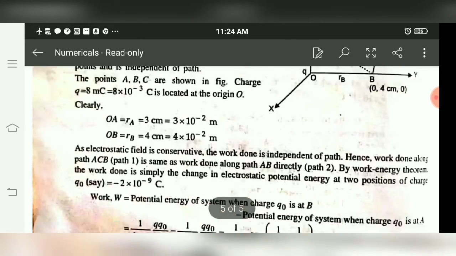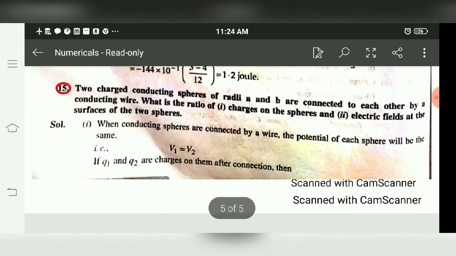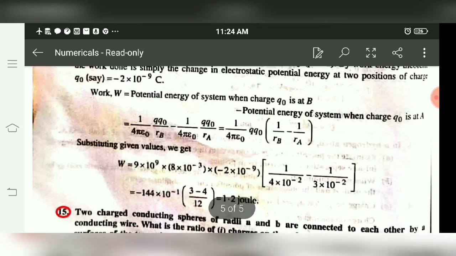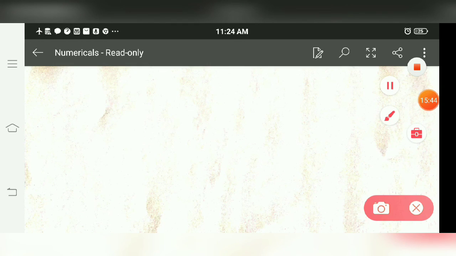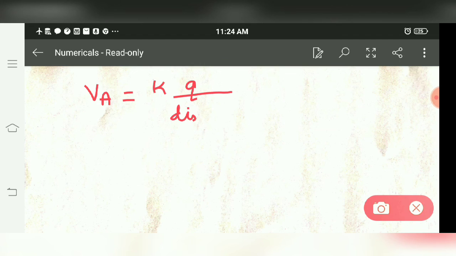Here I am telling you, VA is equal to k times charge upon distance, the distance being OA.